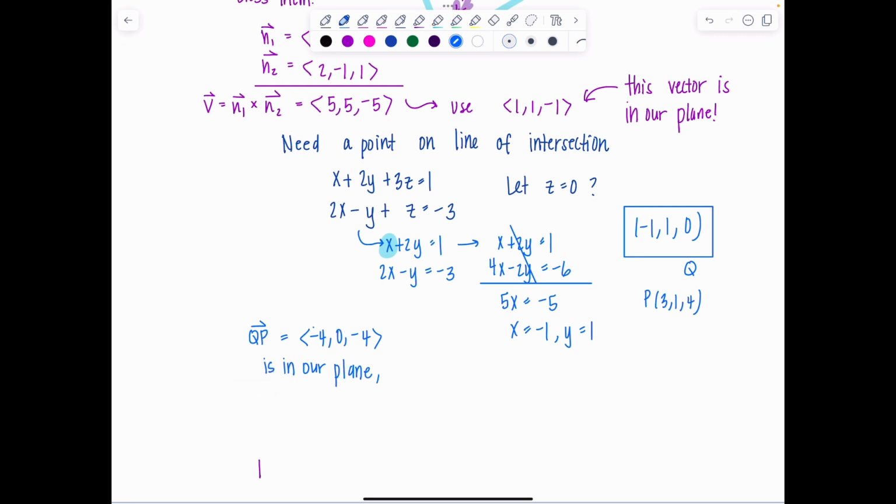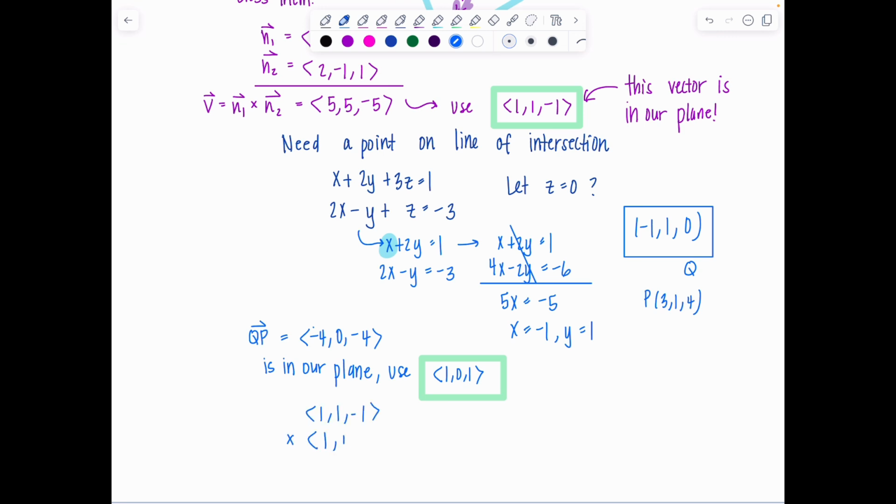You know what? Let's just scale it down. We can use instead 1, 0, 1. That'll be easier. So now I have two vectors that are in our plane. Do you remember what they are? This one that we just got, 1, 0, 1, and also the direction vector for the line of intersection. So now the normal vector to our plane is going to be the cross product of those two. So 1, 1, -1 crossed with 1, 0, 1.